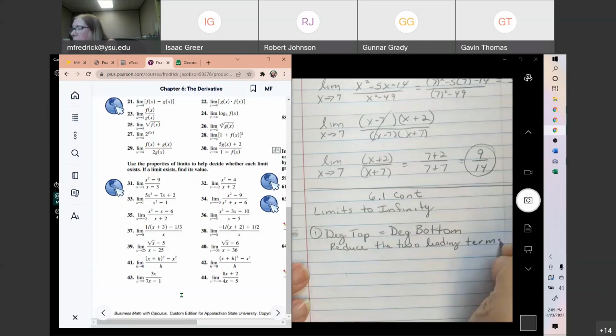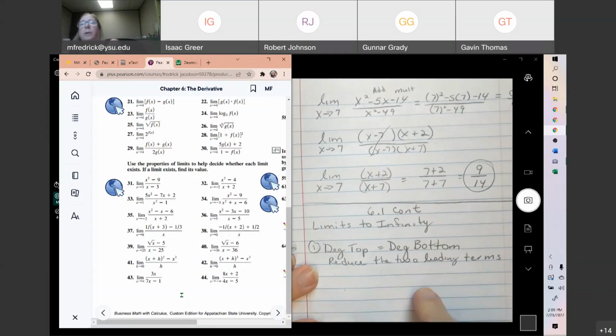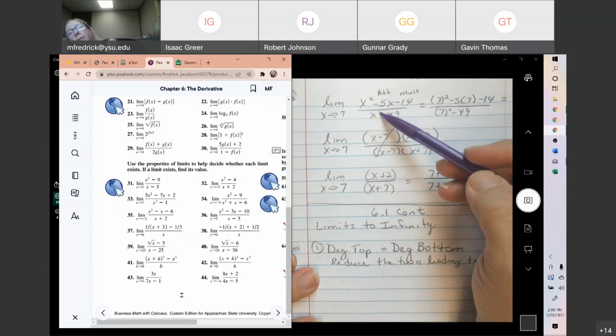By leading terms, it means the terms with the largest degree. And the degree is the largest exponent. So like the problem we just did, the degree on the top and the bottom is both 2, because it's our largest exponent.